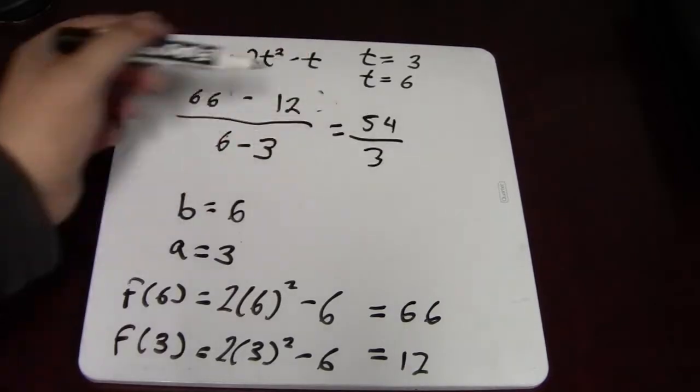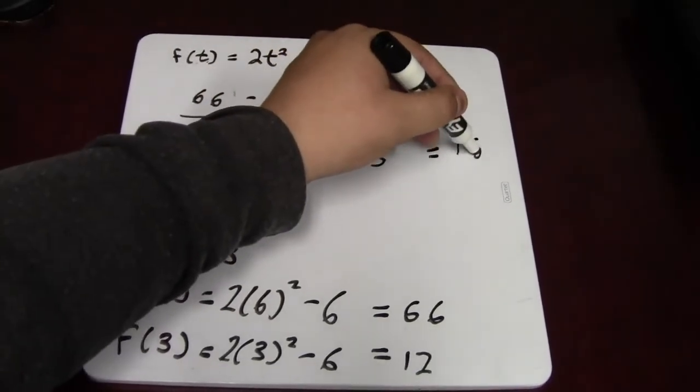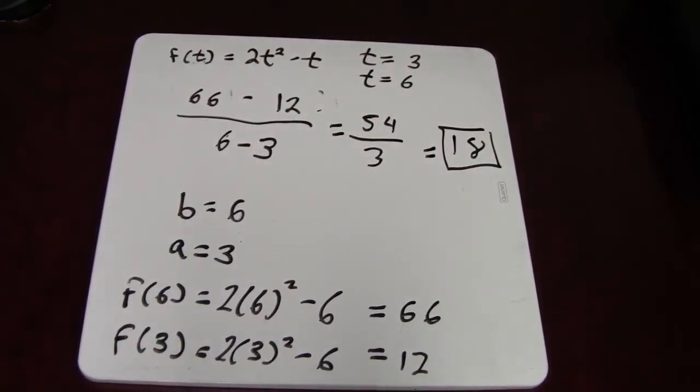And we can simplify this further by dividing 54 by 3, and we get 18. This was the part where I was saying the answer would be 17. So the correct answer to this should be 17. And if you actually fix all the math, you'll find out that that's what it would be. So this is how we would find the average rate of change in this example.